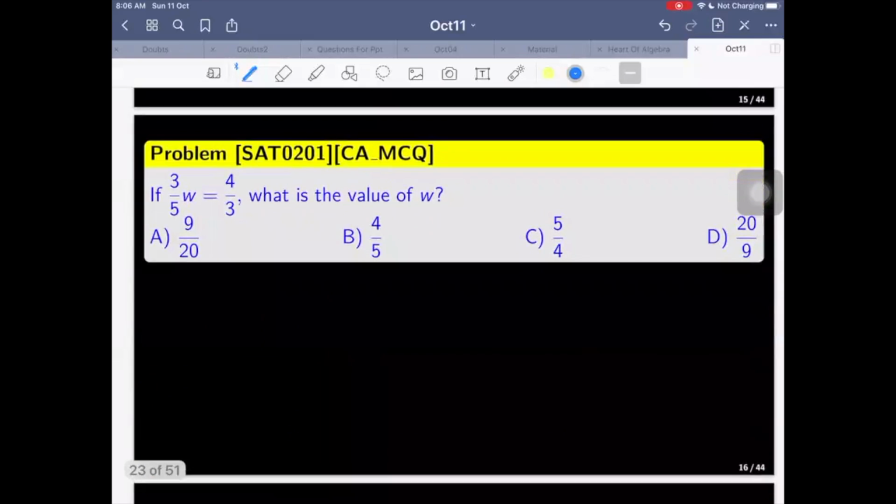Again, this question is from the calculator section.